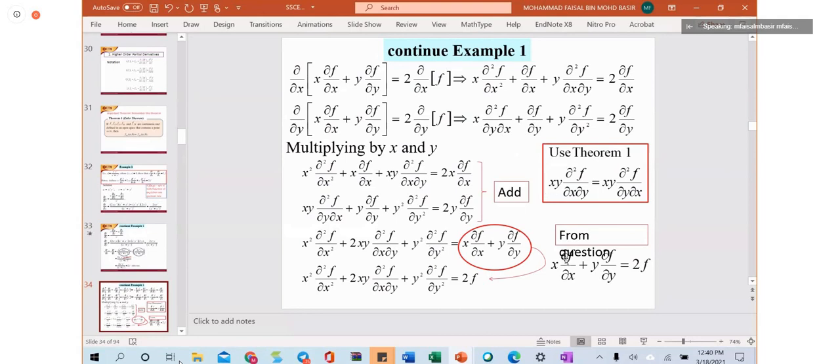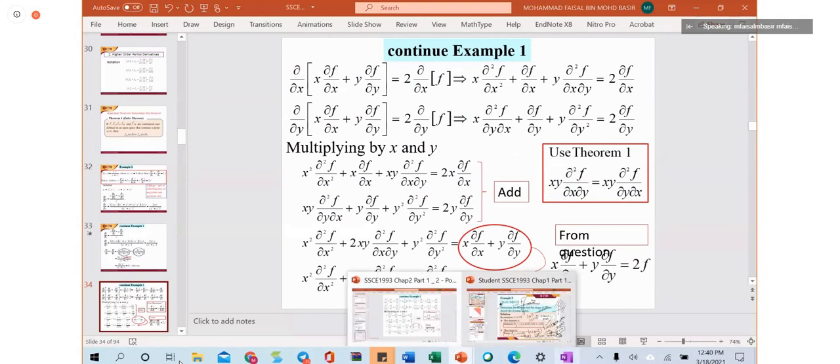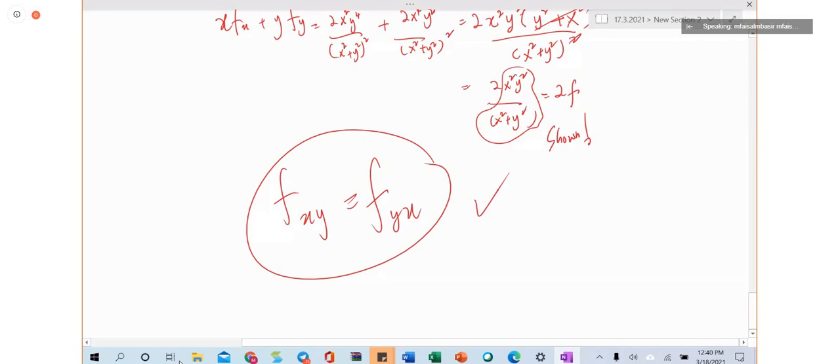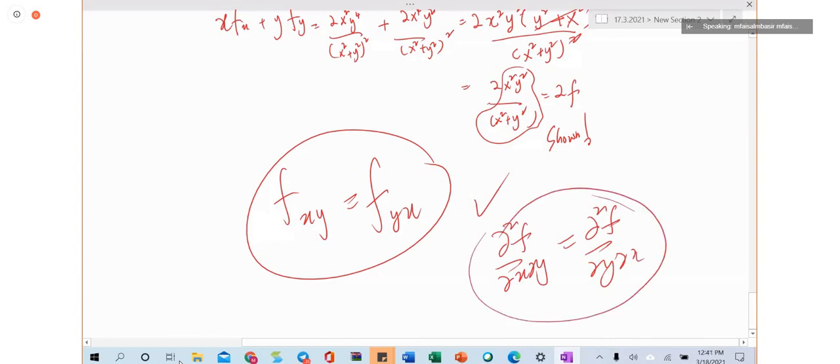So remember for your case, fxy is the same as fyx, which means del square f del x del y will be the same as del square f del y del x. You can treat this as the same.